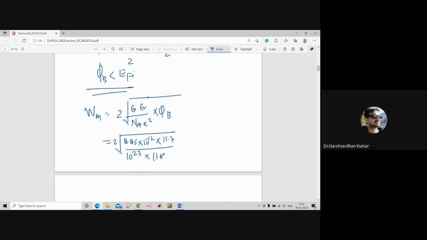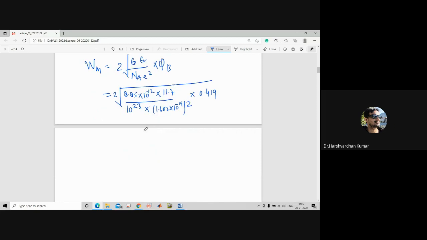It is 1.602 into 10 to the power minus 19, squared, multiplied by 0.419. How much are you getting?